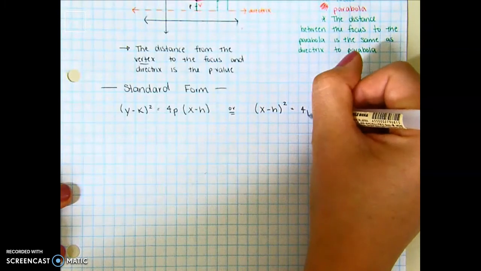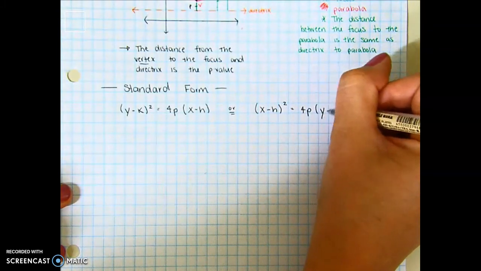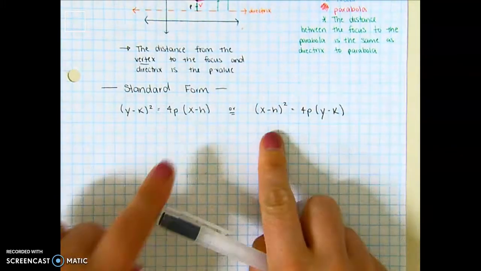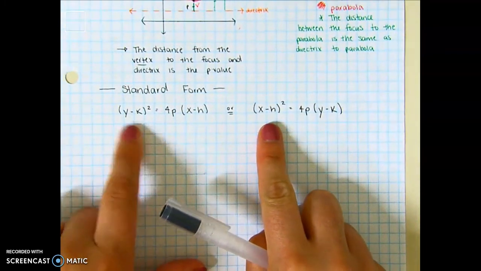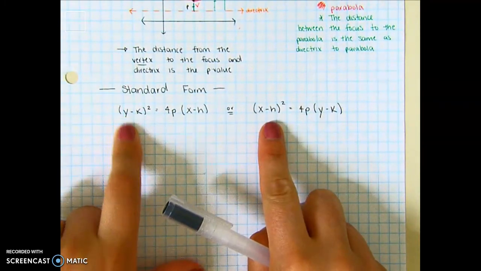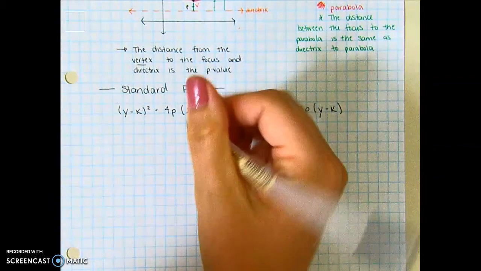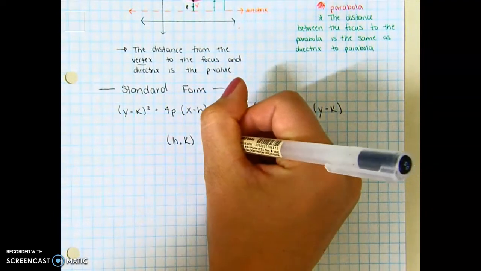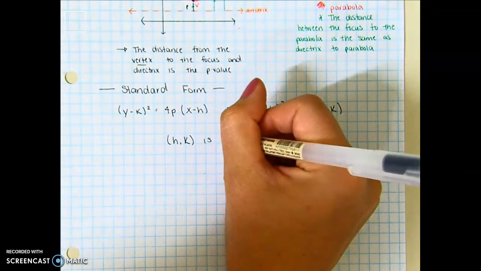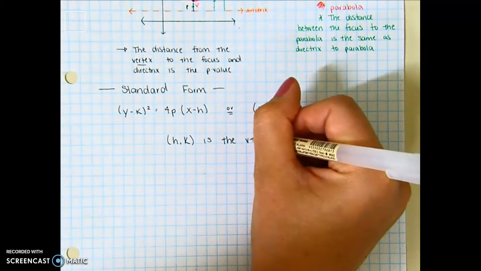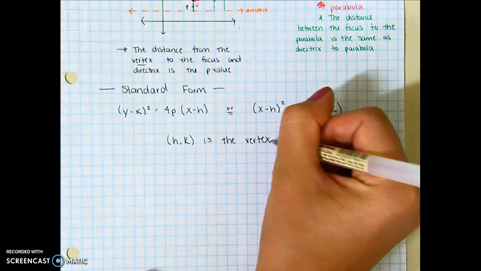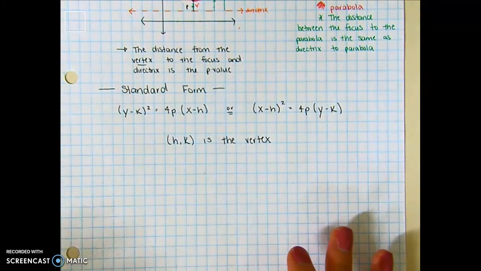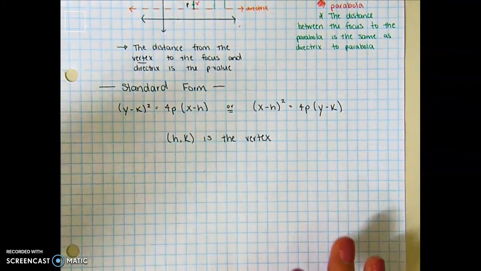We still have the 4 times p, and then this is going to be y minus k. So the only difference is what is being squared. Is it the y minus k or is it the x minus h? And h comma k is the vertex. And that's very similar to how you've learned about parabolas in the quadratic sense.